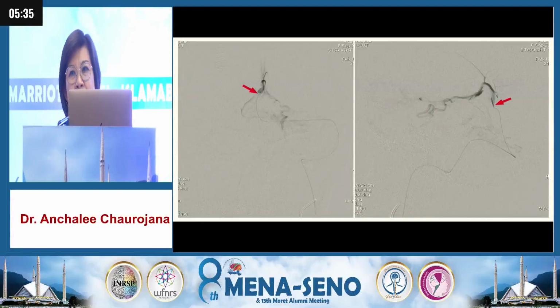Any access that you can go, but you have to cross at the foot of the vein. Because you can see there are so many supplies from both sides, and they're too small to navigate into, we usually try first with the transvenous approach, and we were successful.